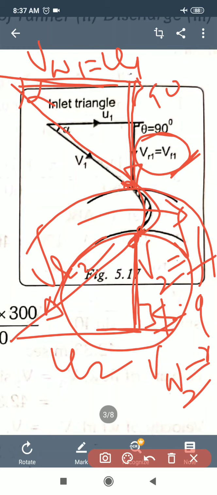There is no horizontal whirl component when it is at 90 degrees of inclination. So these are the inlet and outlet velocity diagrams for this question.